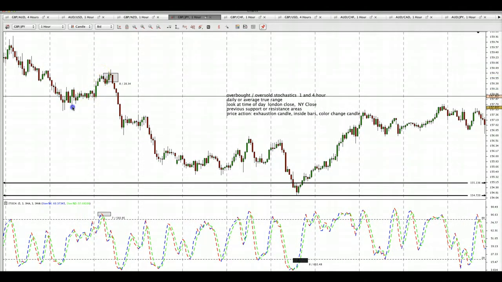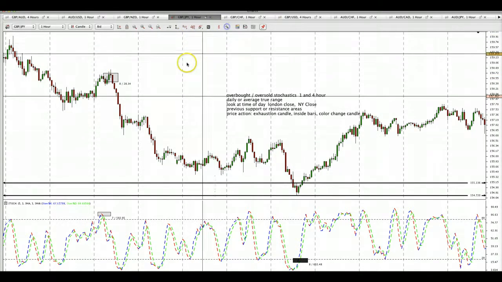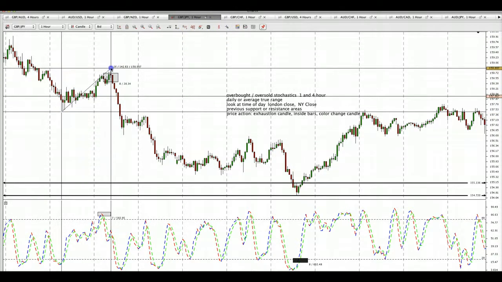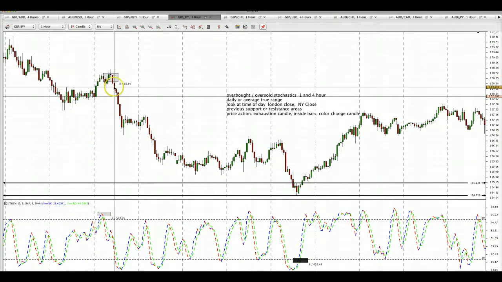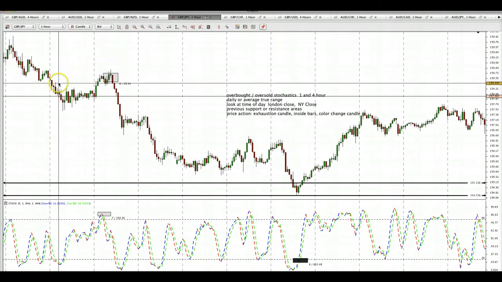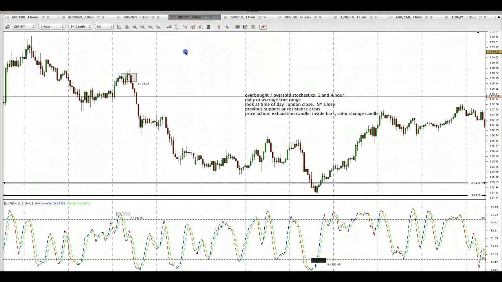Also, count the number of pips from the swing low to the swing high, 140 pips, which qualifies on the pound yen. And before the market hit a resistance level, we were essentially in a downtrend. And then it came back up to retest a swing point and then collapse from there.